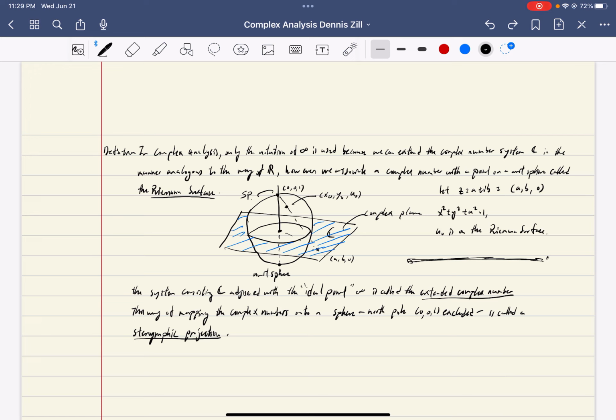Now the system consisting of C adjoined with the ideal point infinity is called the extended complex number system.